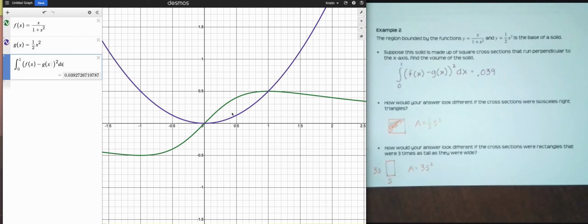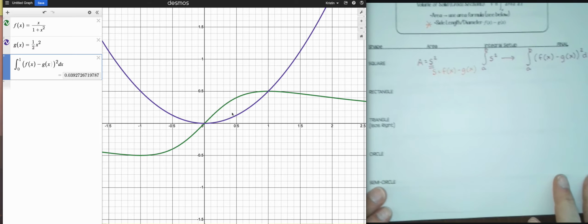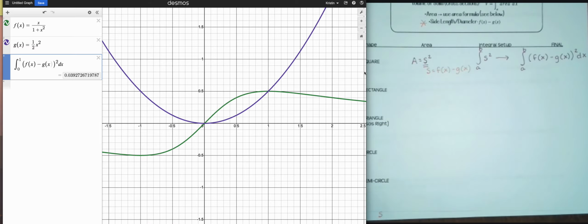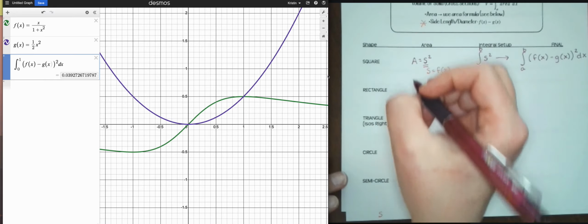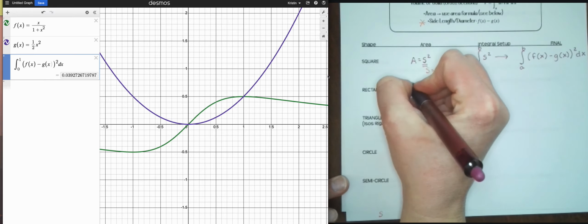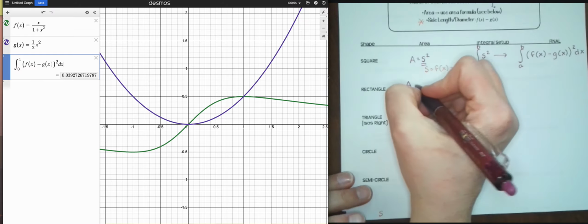Okay, before we do these problems, let's head back over to the first page of notes where we have that table, and let's fill in some information there. Shortcut my Desmos a little bit so you can see what's going on. So when we have a rectangle, the area is always going to be where one side is a multiple of the other side. And so you're always going to get that number, like in that example we just talked about, there was a 3 in front, right?